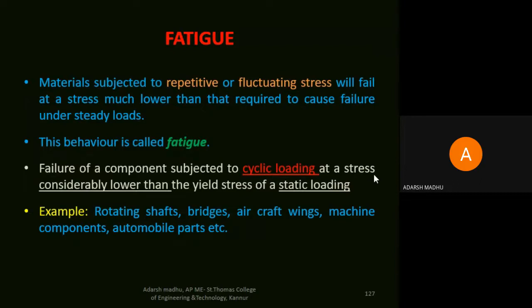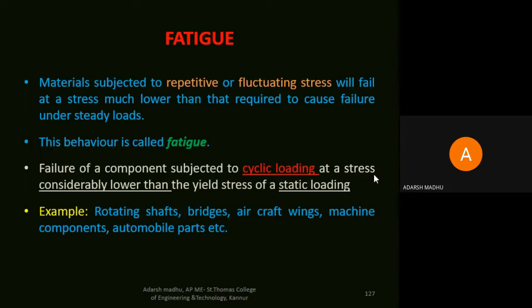Material subject to repetitive or fluctuating stress will fail at a stress much lower than that required to cause failure under steady load. So this particular failure, which happens at a stress lower than the breaking load, is known as fatigue. So here I explained about cyclic loading.